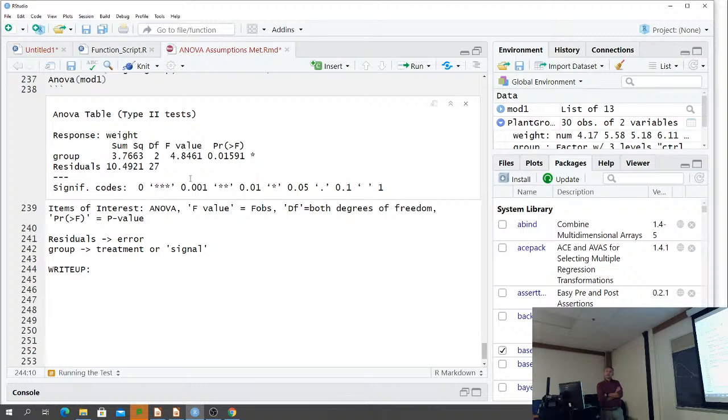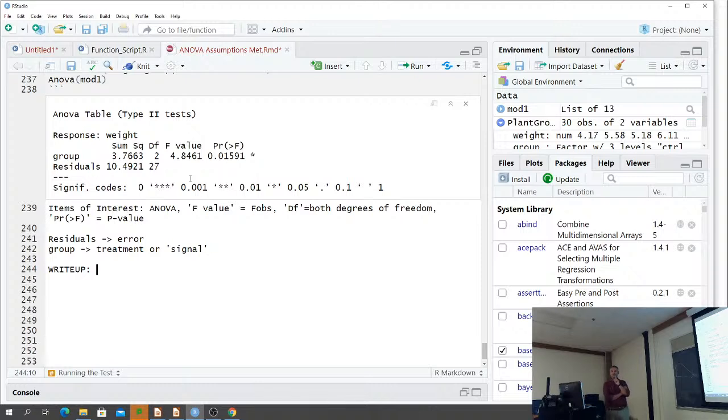Or accept what, the null hypothesis? Have we ever accepted a null hypothesis when the p-value is small? No. Okay. So what's our p-value cutoff? 0.05, right? So are we less than 0.05? Yes.